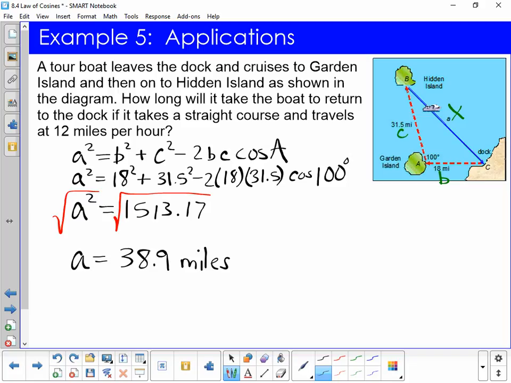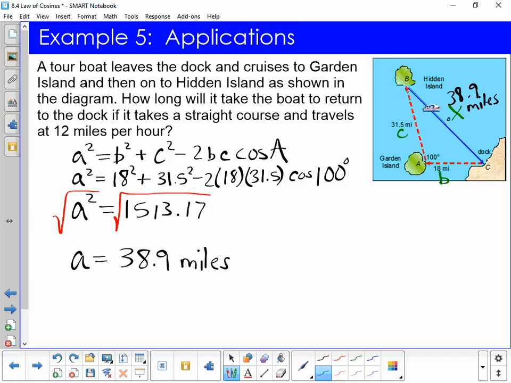I'm going to add that to my diagram. Okay, so my question though didn't say how many miles do they have to travel. It's saying how long is it going to take them to get back to the dock if they're traveling at 12 miles per hour. Well, they're going 38.9 miles, and for each group of 12 miles it's going to take them an hour.